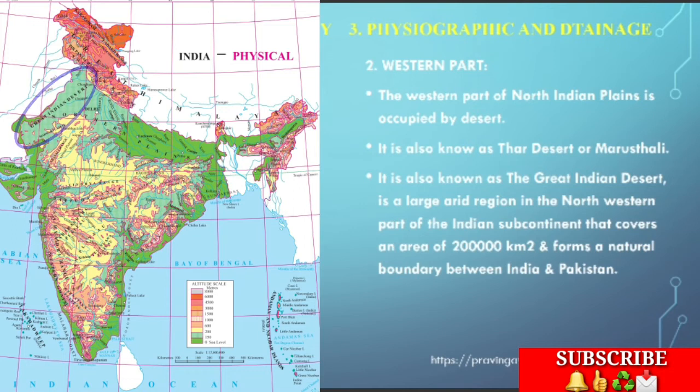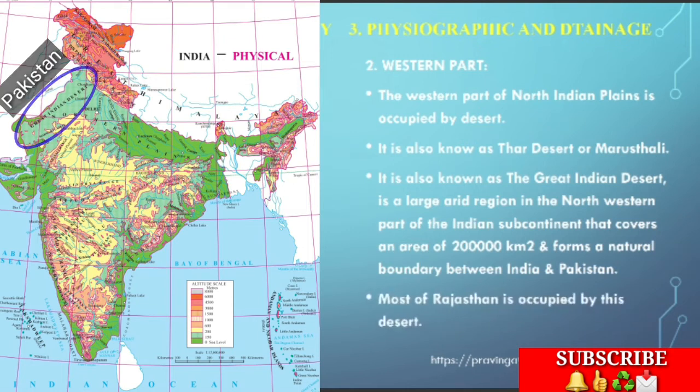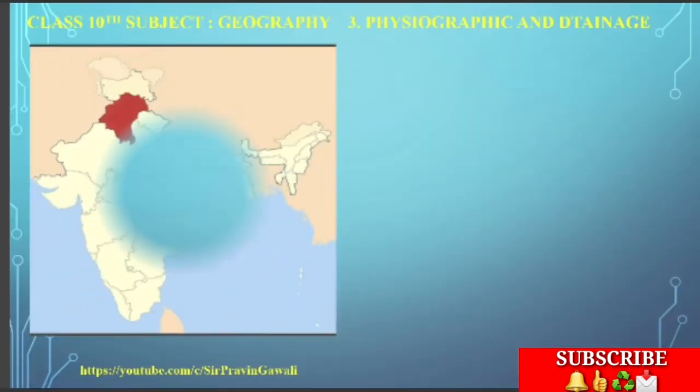It is a large arid region in the northwestern part of the Indian subcontinent that covers an area of 2 lakh square kilometers and forms a natural boundary between India and Pakistan. Students, most of Rajasthan is occupied by this desert.